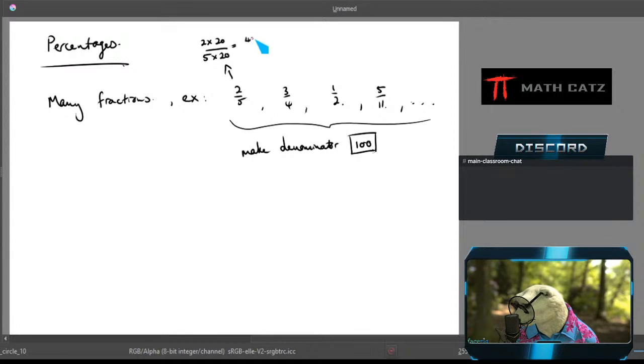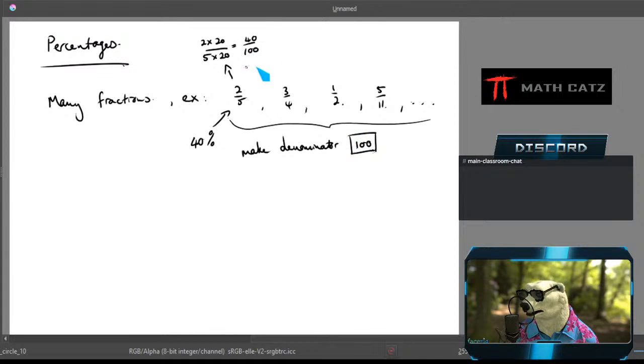So that would give me 40 out of 100. And then we will call that 40%. Now, where this percentage symbol comes from is exactly the 100, 100 of the 100. And that's now our percentage symbol, indicating that we are always going to have a fraction with a denominator 100.